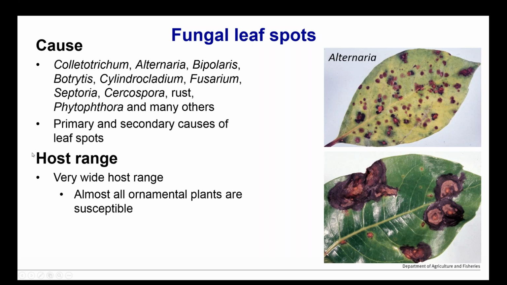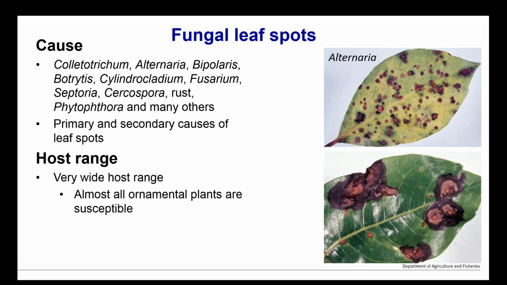These leaf spots can be primary pathogens, causing the actual spot that you're seeing, or secondary pathogens that infect the plant material after a different pathogen has started something, or they can simply be a saprophyte. That would be where plant material is dying, and the fungus colonizes that dead, decaying tissue and produces spores.